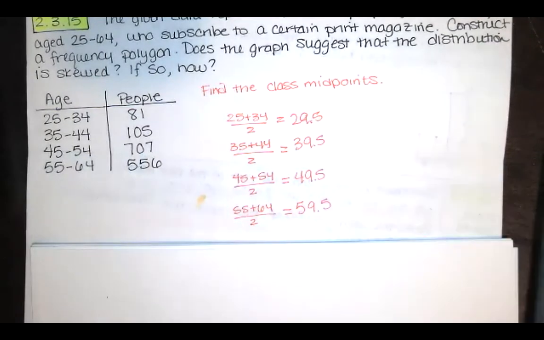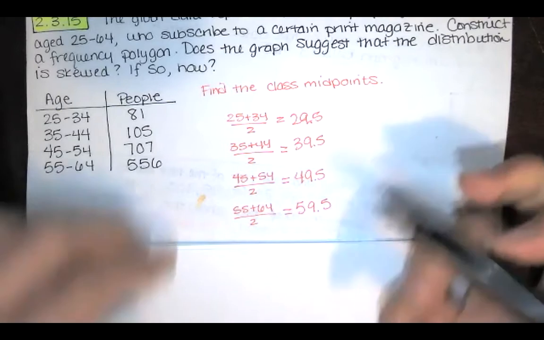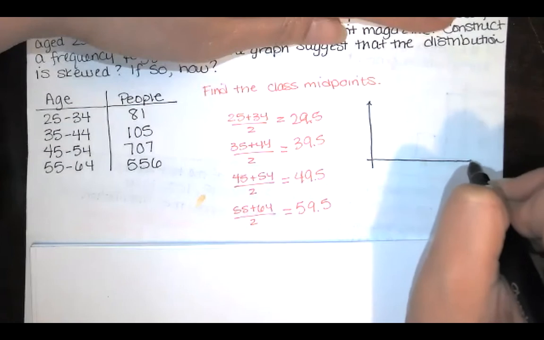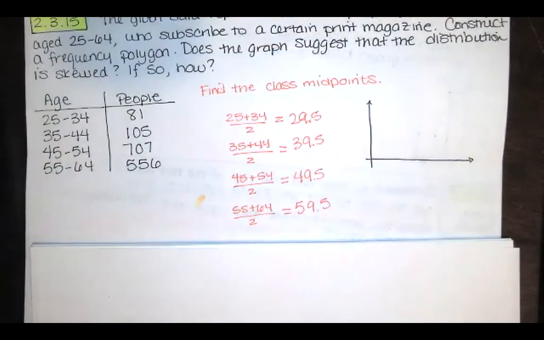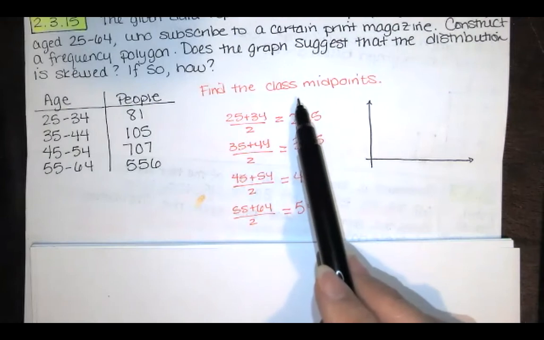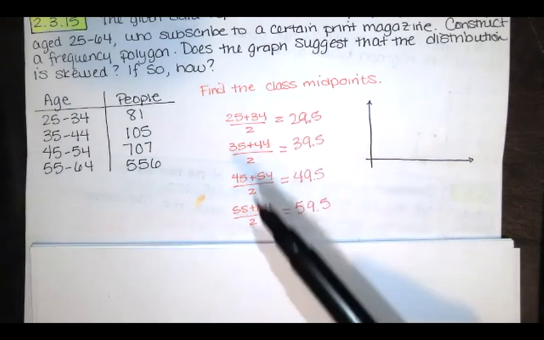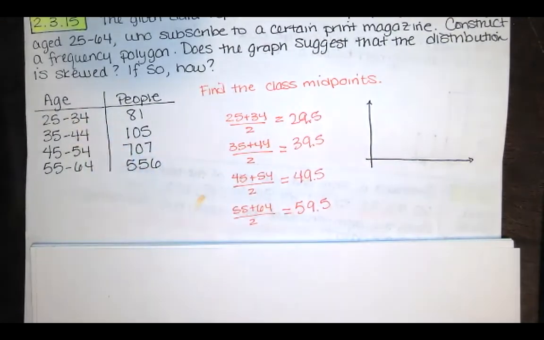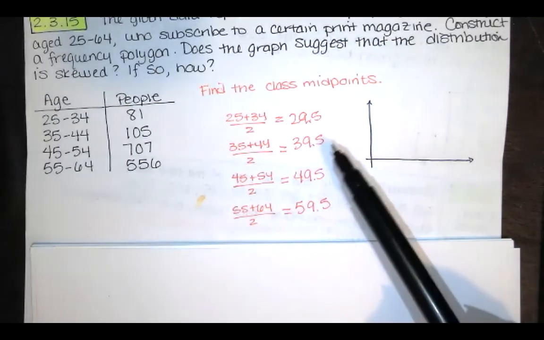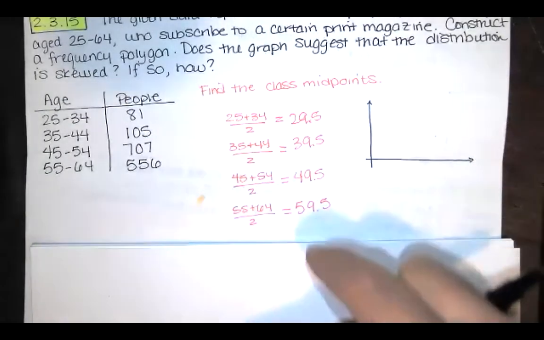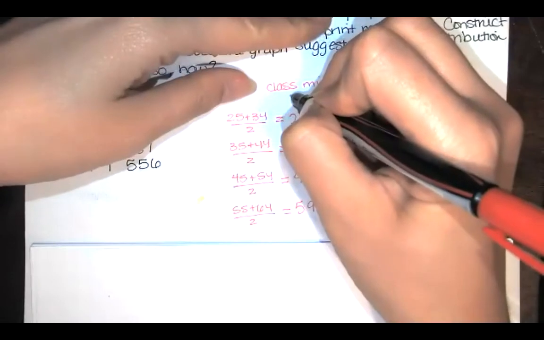Okay, so those are the values that go on our horizontal axis whenever we construct our frequency polygon. Now we also have to add a value at the beginning and a value at the end, for what would be the class midpoint of the class before this one if there were anyone in the class before that one. Basically you just want the pattern to continue. If this is 29.5 and we're increasing by 10 to go this way, to go backwards we would decrease by 10.